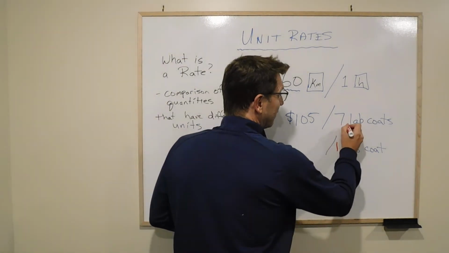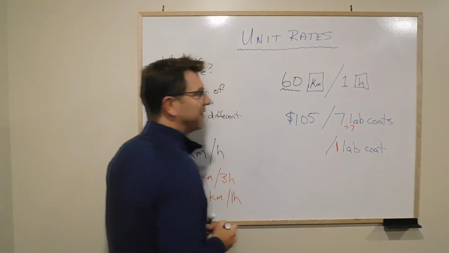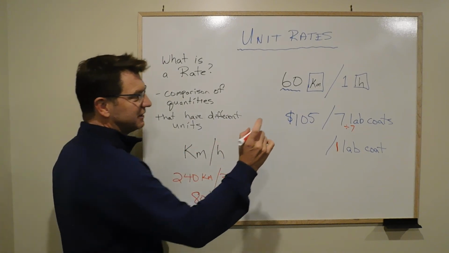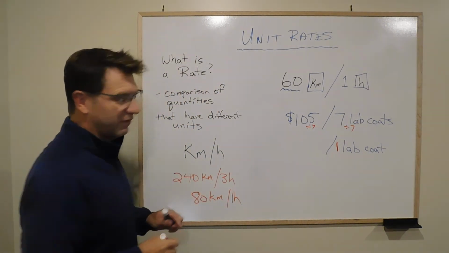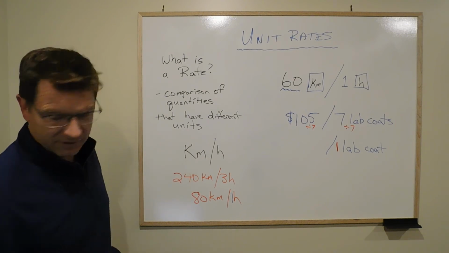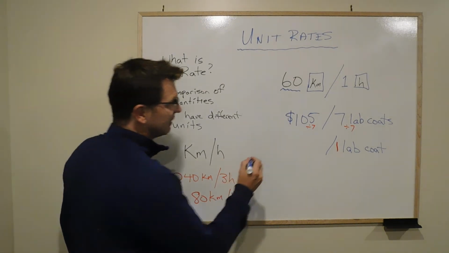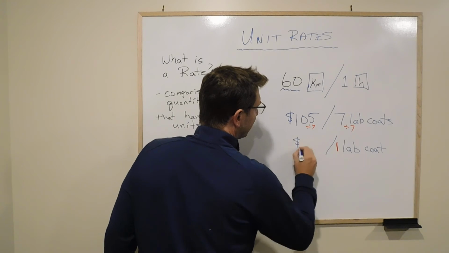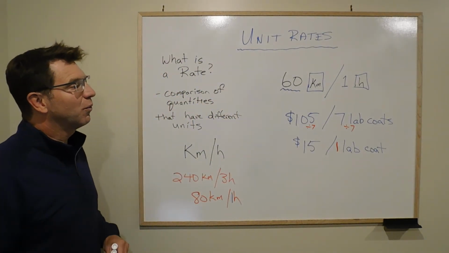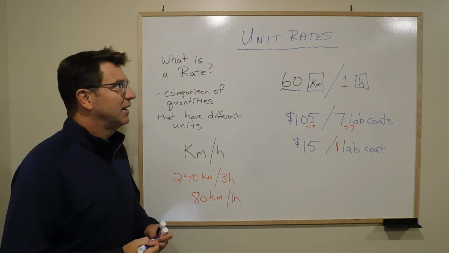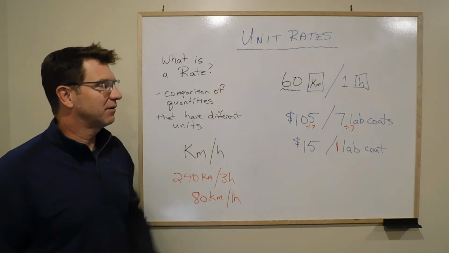So here we had to divide by 7. That's how we got there. Which means on this side, we'd have to divide by 7. And if we divide it by 7, well, 105 divided by 7 is $15. So we'd have $15 per 1 lab coat, right? And that's really what unit rates are, okay?